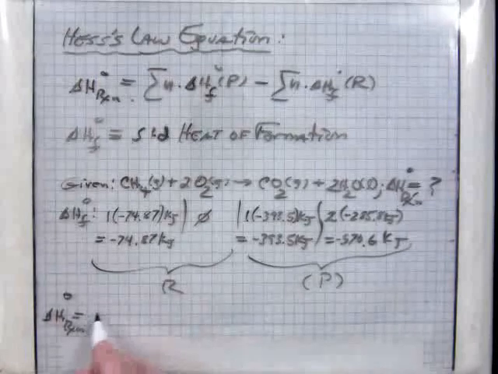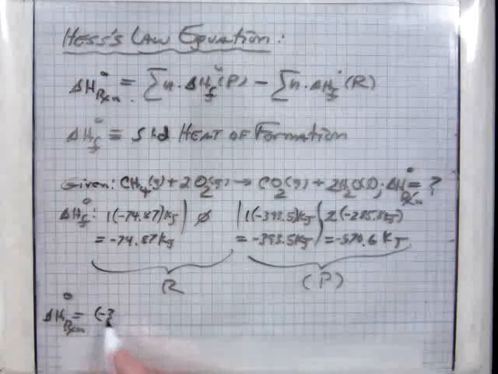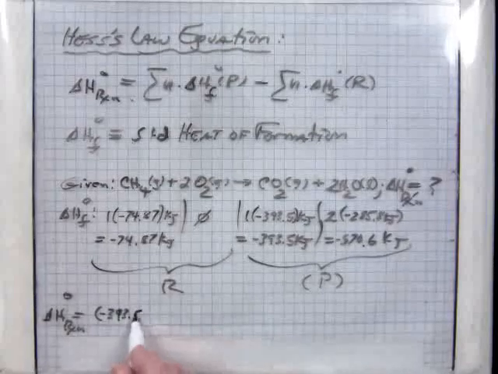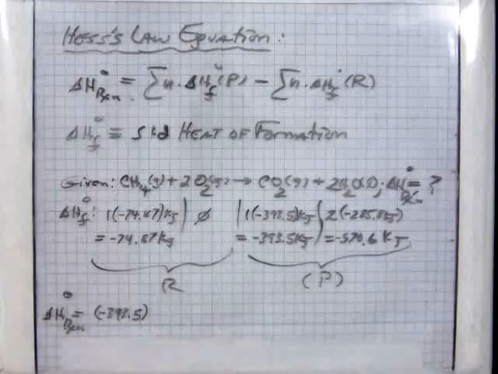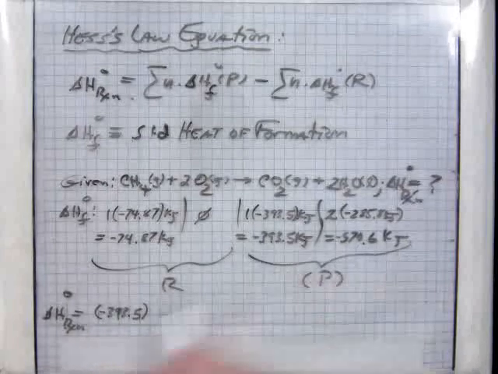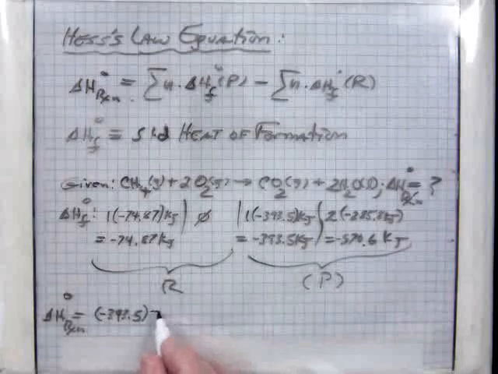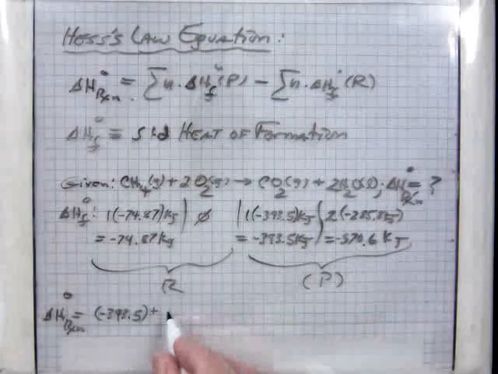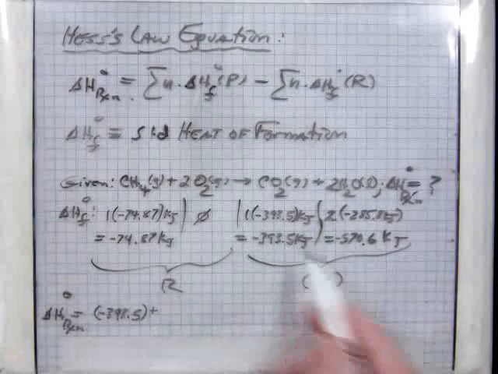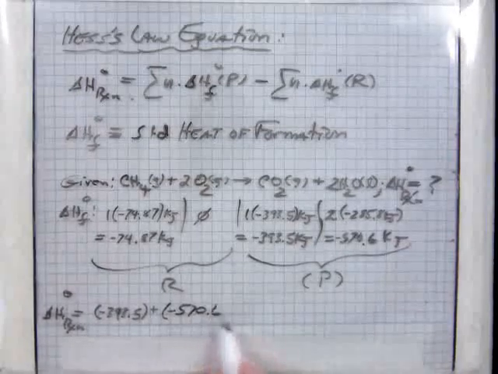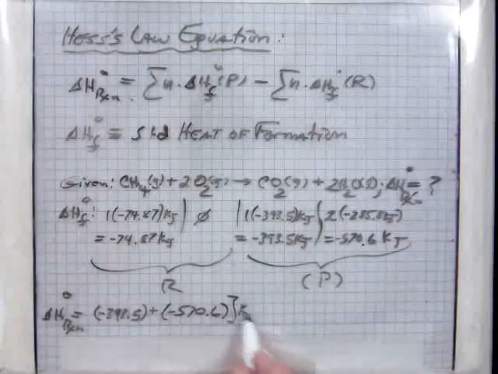So what I suggest is isolate each one. And it's all going to come out in kilojoules, so I usually drop the units and just manipulate the numbers and then tag it with kilojoules on the end. So you're going to add these two, so that's 393.5 plus a minus 570.6, and all that's in kilojoules.